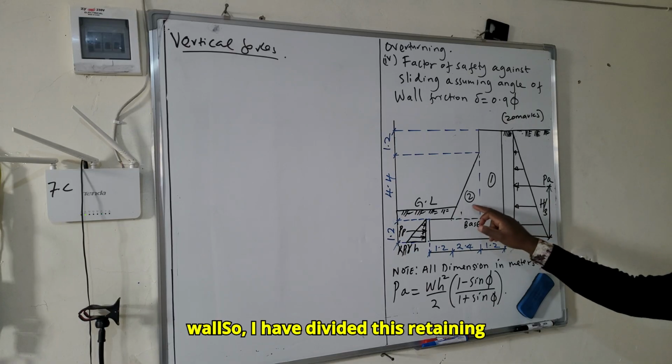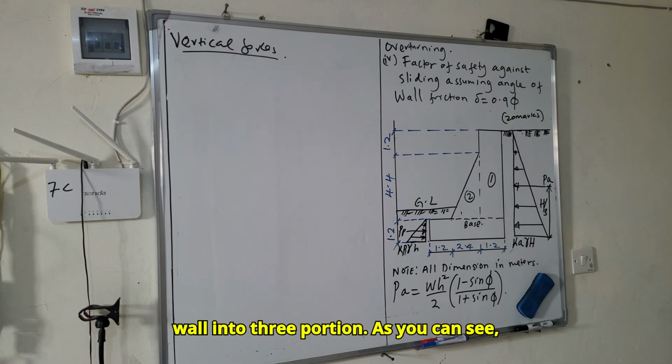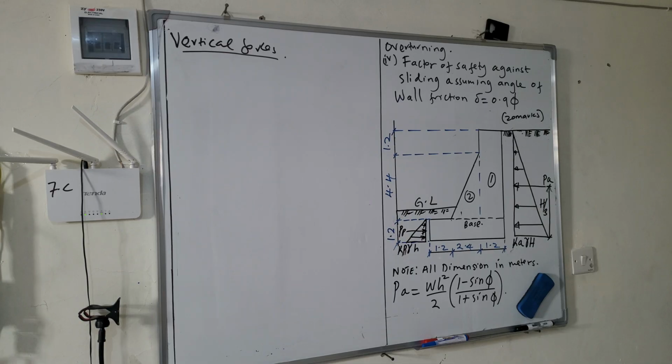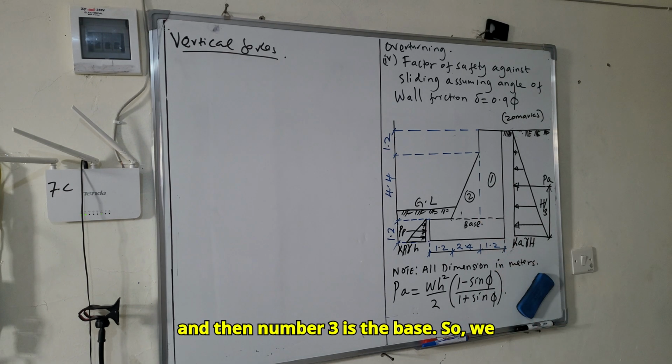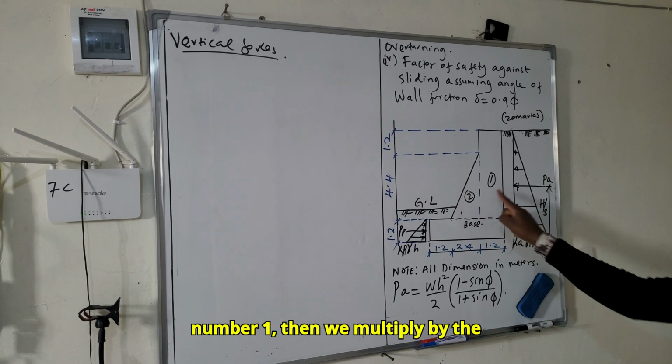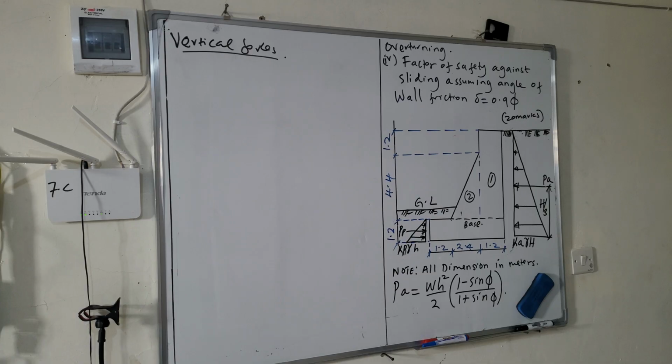So I have divided this retaining wall into 3 portions. Number 1 is the rectangle, number 2 is a triangle, and number 3 is the base. We will first calculate the area of number 1, then multiply by the unit weight of the concrete.